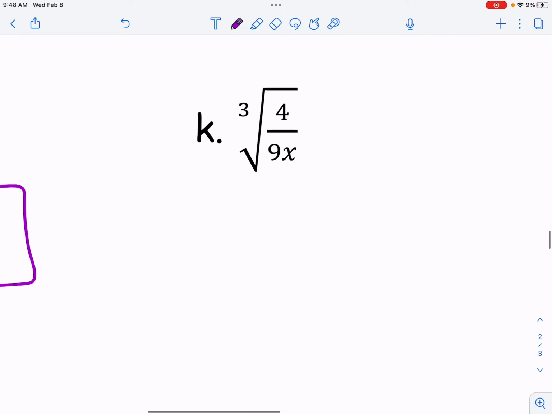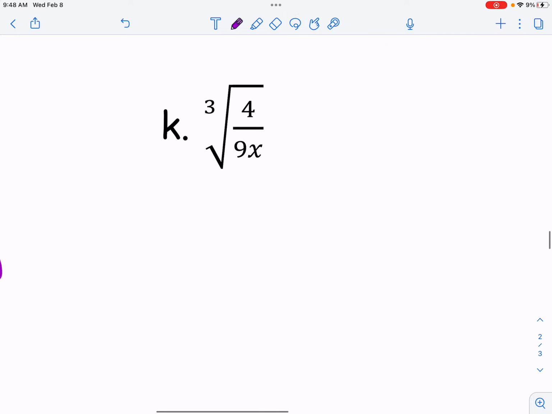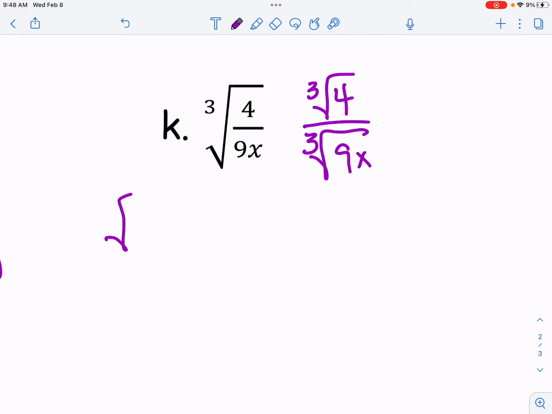Okay, this one, I'm going to break it apart because I can't do anything the way it is. So we have the cube root of 4 over the cube root of 9x. Which means I'm just going to leave the cube root of 4 because I'm not going to do anything to it. This is 9x to the 1/3.